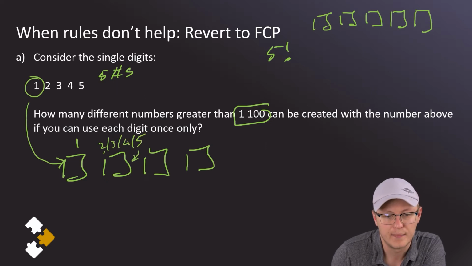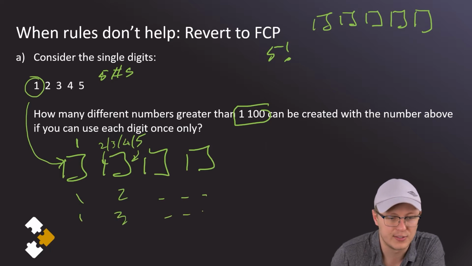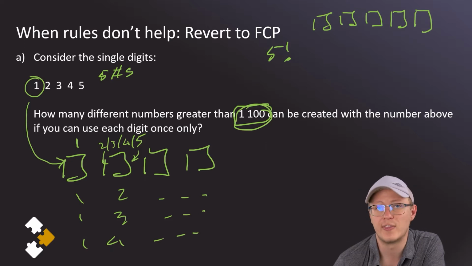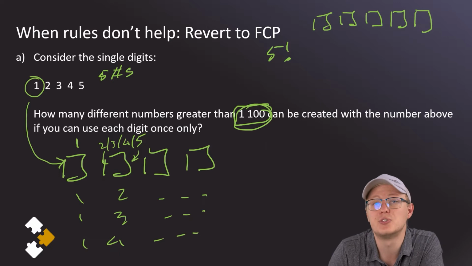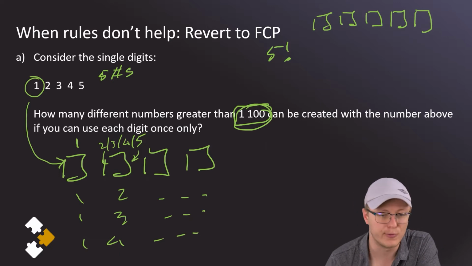And then 1200 and something, or 1300 and something, or 1400 and something, all of those are bigger than 1100. Which means we definitely can use a 1 in the first column, but we can also use a 2, a 3, a 4, or a 5.